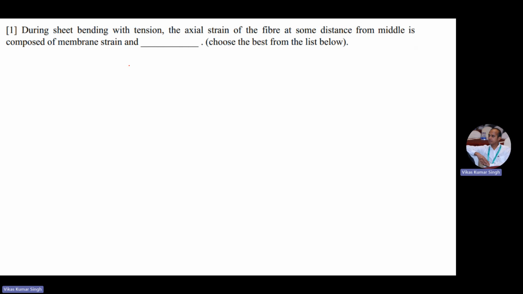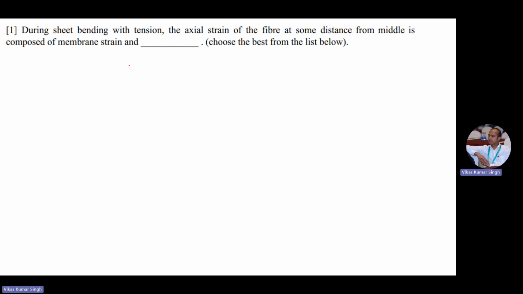I have skipped a few questions, very simple ones. I thought I should focus mostly on the numerical problems because they have much deeper concepts as compared to the MCQ questions. A few I have ignored, and a few I have considered which I found important. So we are starting with one of the MCQ questions here.